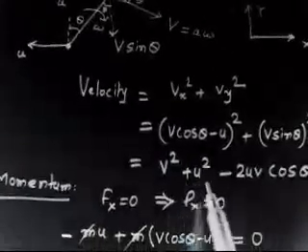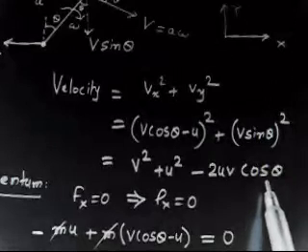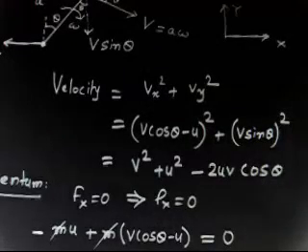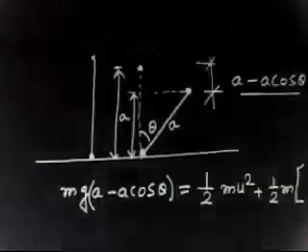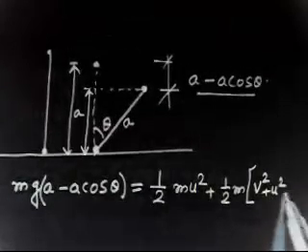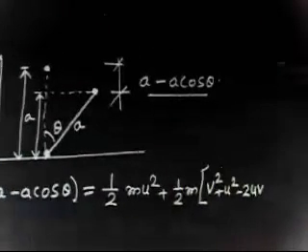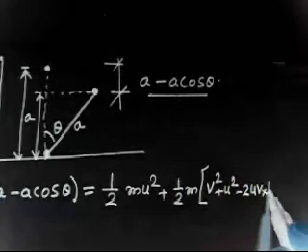So this velocity is v square plus u square minus 2uv cos theta, and theta is 60 degree. Let us plug this value for the resultant velocity square: v square plus u square minus 2uv, and cos 60 degree is 1 by 2.